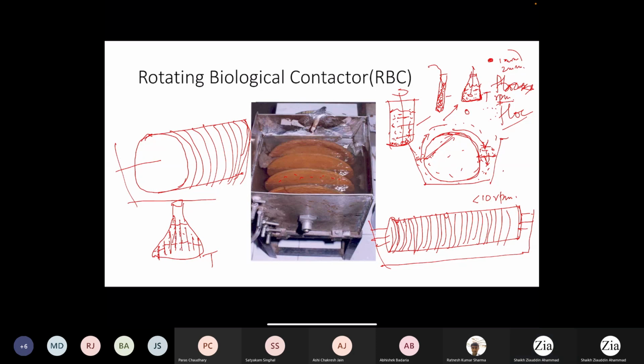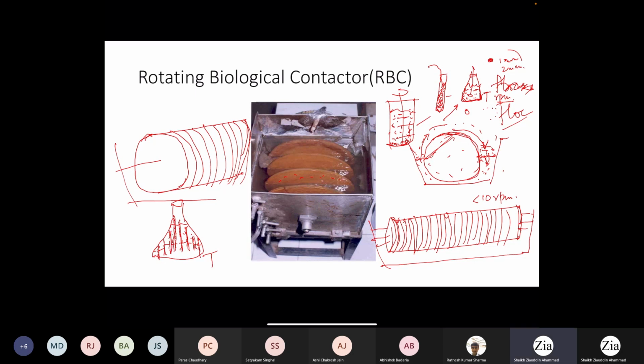So when you try to see the film, it will look like a slimy layer is trying to cover the surface of these solid plates.